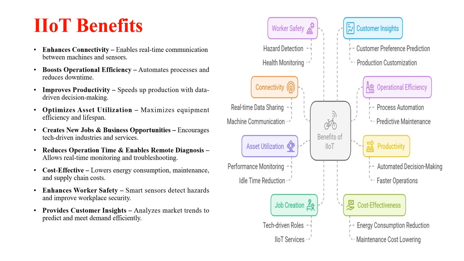And wearable industrial IoT devices will monitor the workers' health and safety conditions. And also it provides customer insights, that is, it will provide in-depth knowledge of the customer demand, and it will analyze real-time market data in order to predict the customer preferences and enhance the customization and responsiveness in the production. These are the benefits of the industrial IoT.